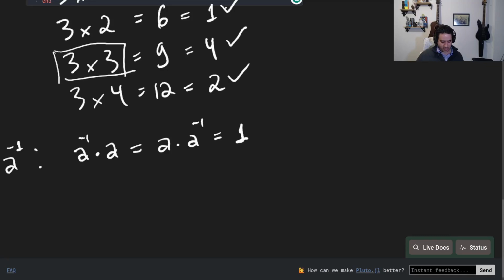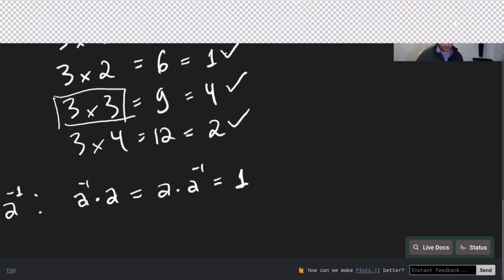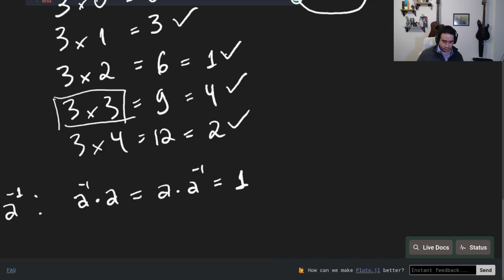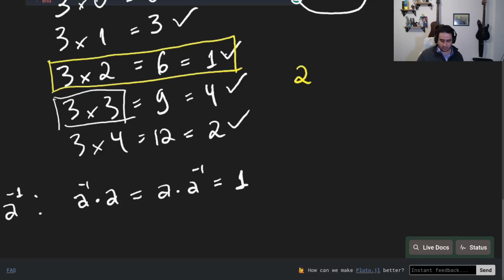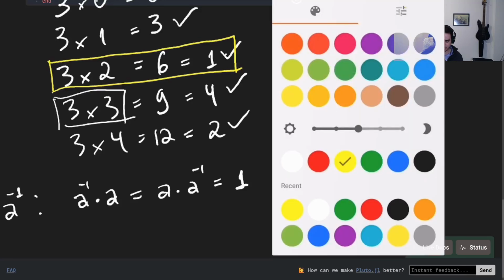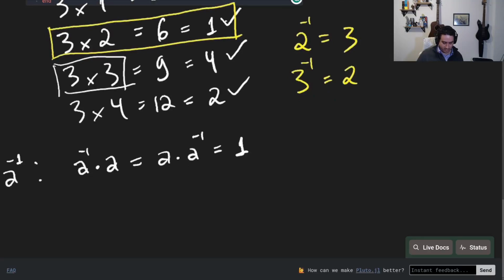So if you take any of these numbers and you multiply and you have 1, then one of those numbers is the inverse of the other. And we have that for number 2 and 3. So actually the number 2 is the inverse of number 3 and vice versa. So 2 inverse is 3 and 3 inverse is 2. Okay. And one way to define division. So how do you define division?